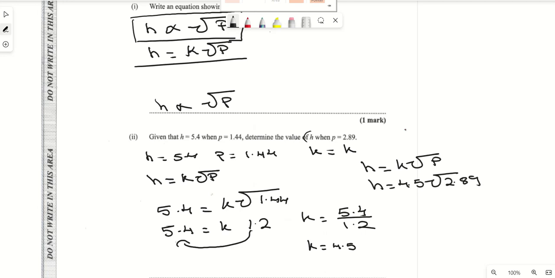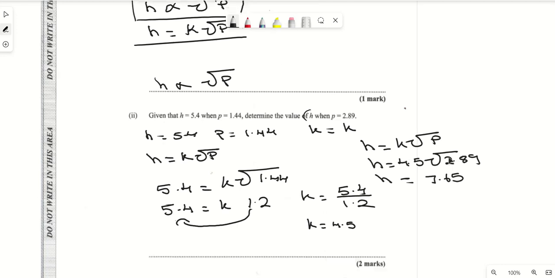You put exactly this in your calculator. 4.5 multiplied by the second function, the square root sign, right? 2.89, close brackets, and you're going to get h, in this case, would be 7.65. And that is how you would do this question.